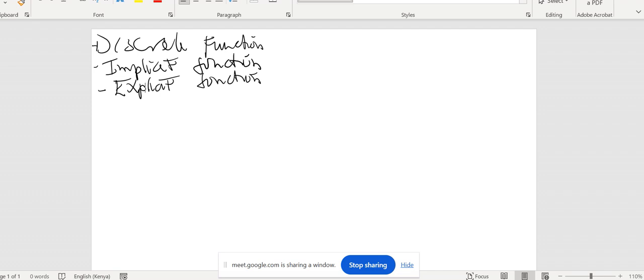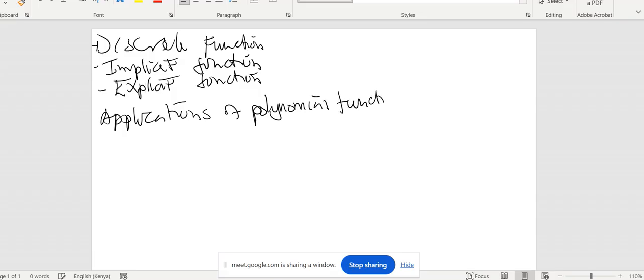Now, we go to applications of polynomial functions. Application of polynomial function.